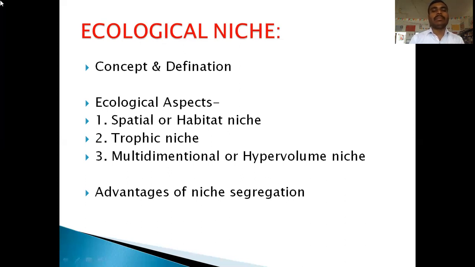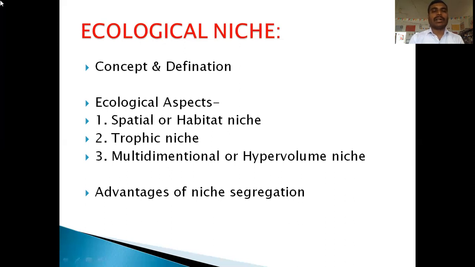Their habitat may be termed as the same, their spatial niche may be the same, but their trophic niche is different. What is the difference? The first organism, giraffe, is herbivorous, and the second organism, lion, is carnivorous, and these are the differences in their trophic niche.